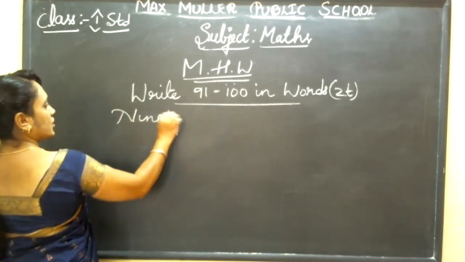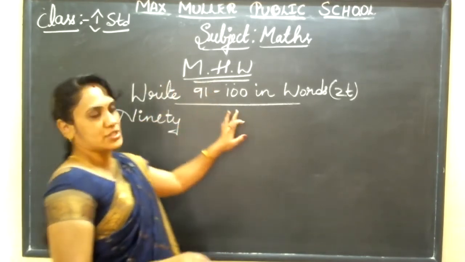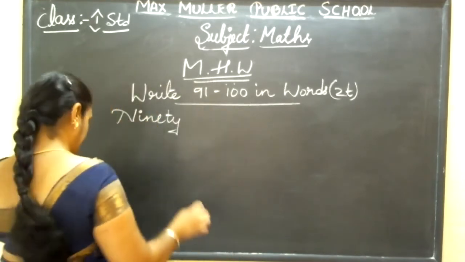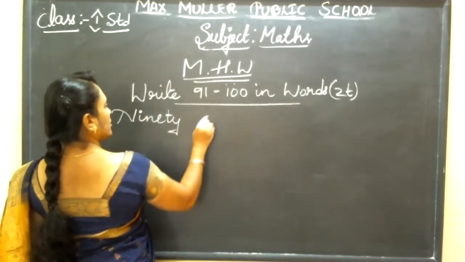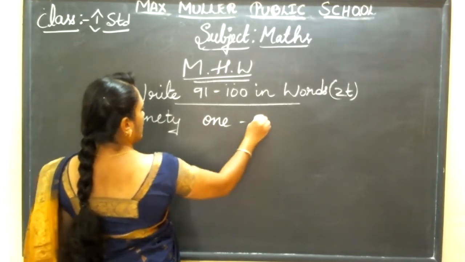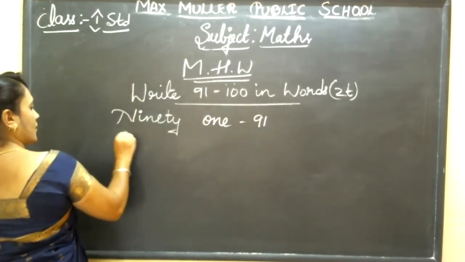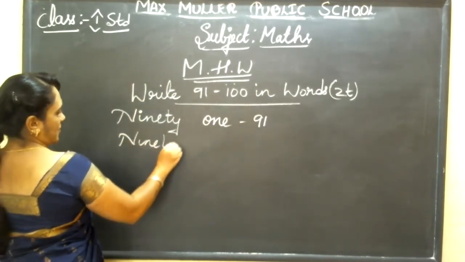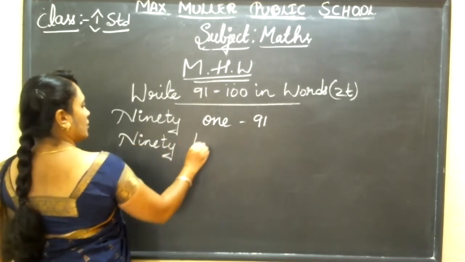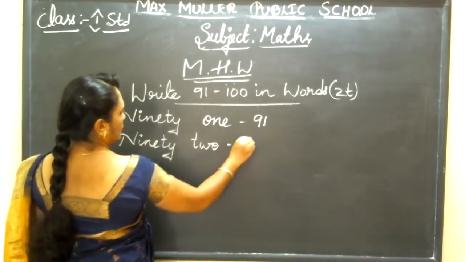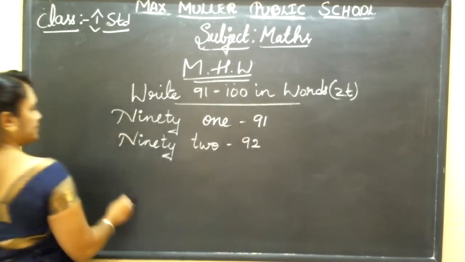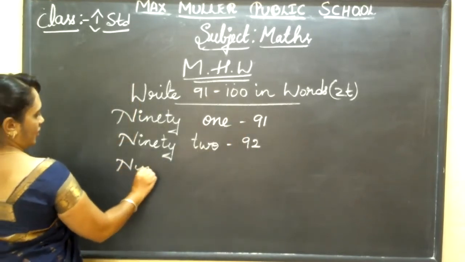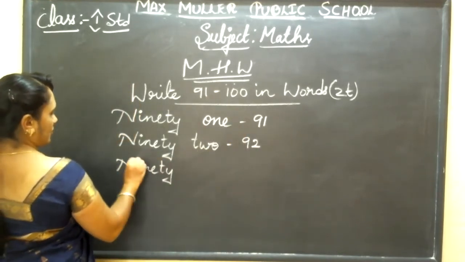N-I-N-E-T-Y. Copy this in which book? Homework, maths homework. This is today's maths homework. N-I-N-E-T-Y 90. O-N-E 1. 91. N-I-N-E-T-Y 90. T-W-O 2. 92. N-I-N-E-T-Y 90.